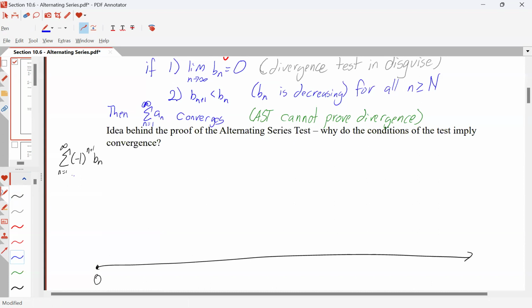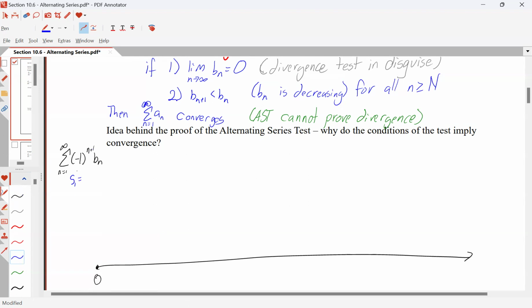So the first partial sum, and just to have the first term be positive, I adjusted that series to be -1 to the n plus 1. This would still work if our first term is negative, but to have our first term be positive, I just made that exponent n plus 1.